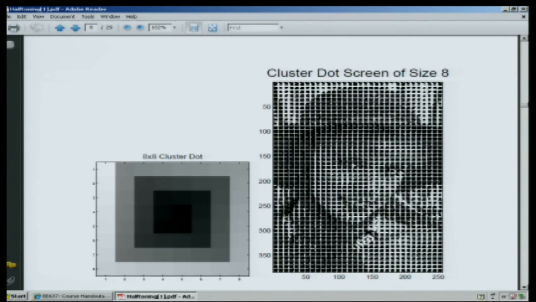So 256 divided by 8 is what? 8 times 4 is 32. So there are basically 32 pixels across this way, and 32 plus 16 this way, which is 48. Yes, 48 by 32.